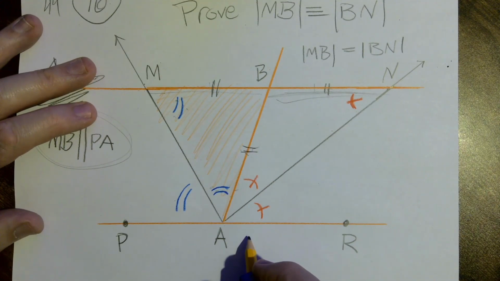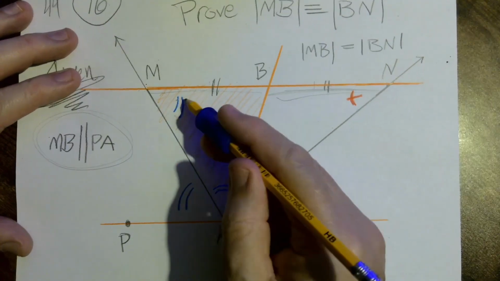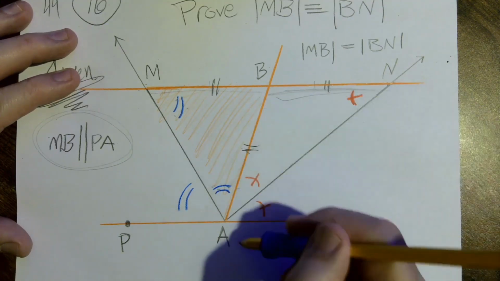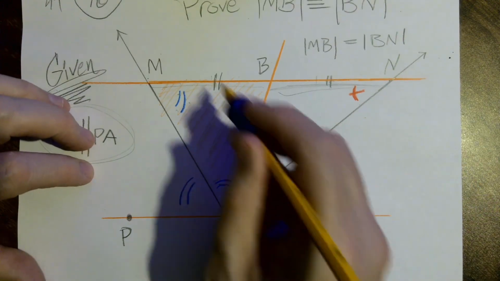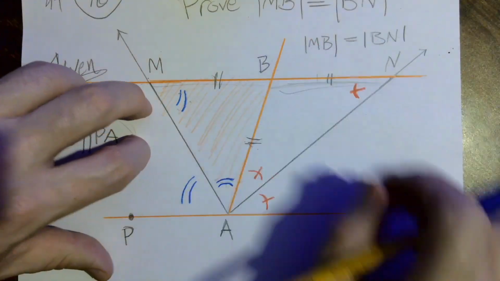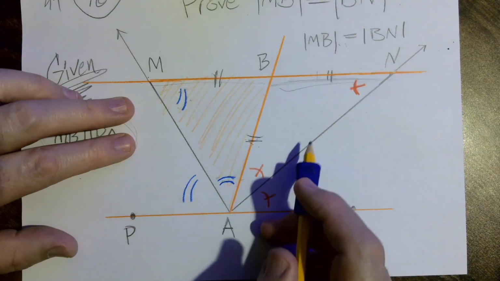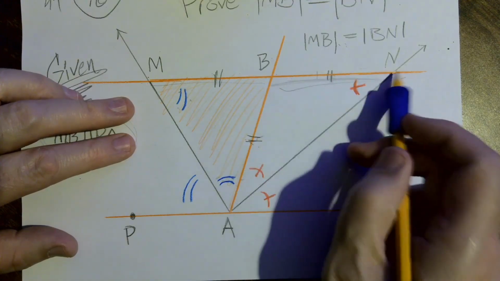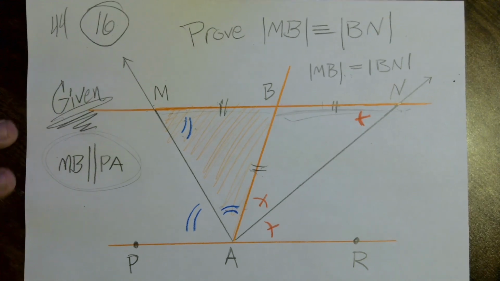MB, therefore, is equal to BN. So to prove this, in 16, what you do is you have to find alternate interior angles, identify isosceles trigons, and then what you know about an isosceles trigon, you match the sides with the base angles, and that's where you get MB the same size as segment BN.